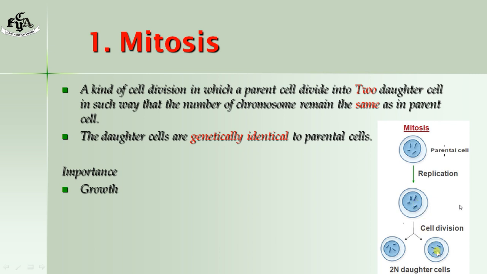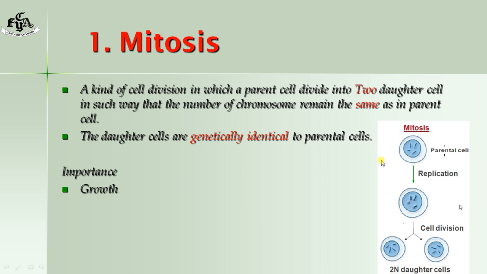If you count the chromosomes in these two daughter cells, it is 4, and in the parent cell that was also 4. And these two cells are genetically identical. Genetically identical means that the DNA in these chromosomes is the same as in the parent cell.